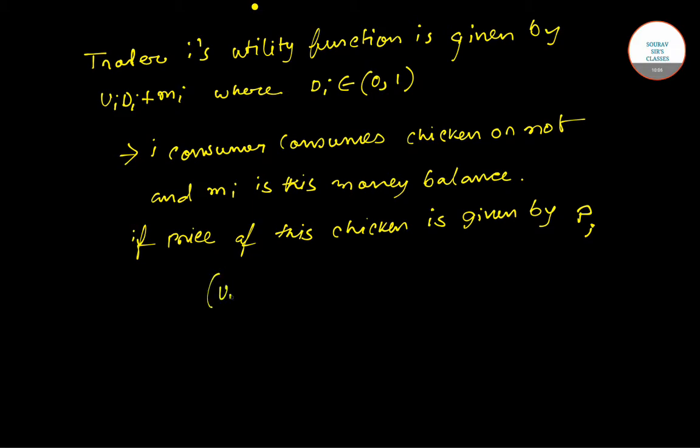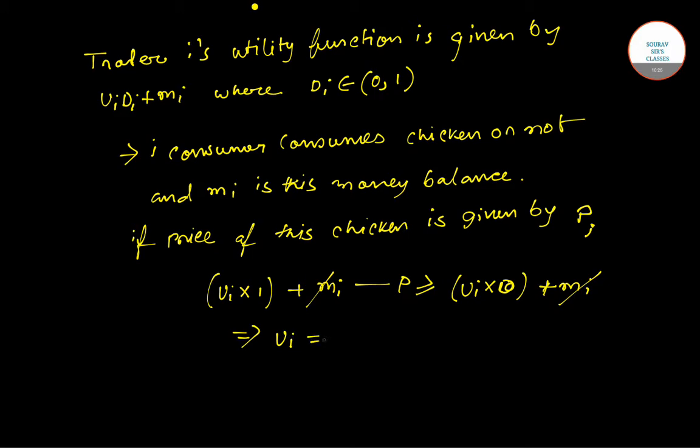So it will be ui into 1 plus mi minus p, compared with ui into 0 plus mi. This mi gets cancelled out, and you will be left with ui minus p equals 0. So from here we can conclude ui is greater than or equal to p.